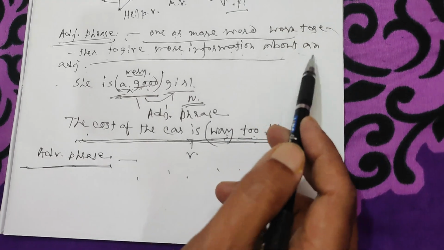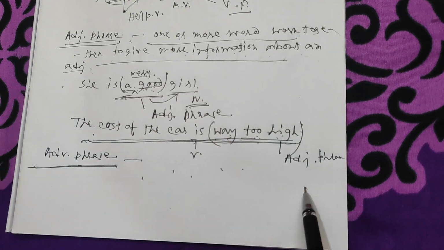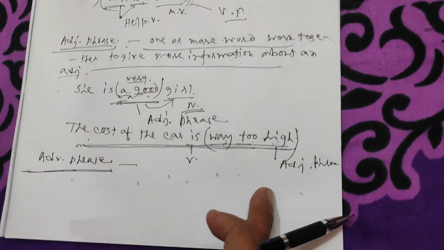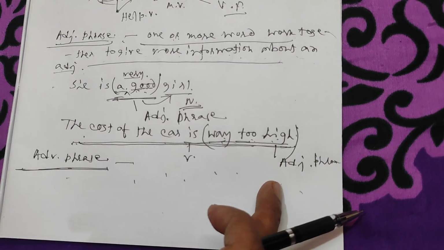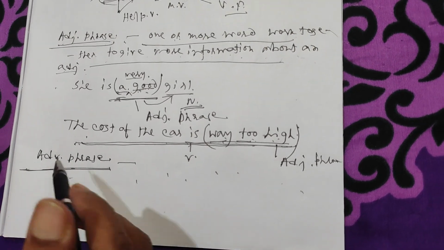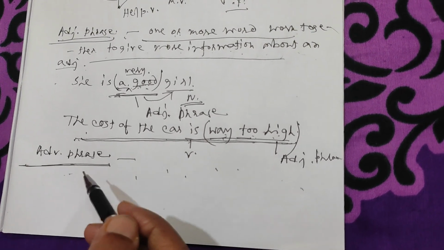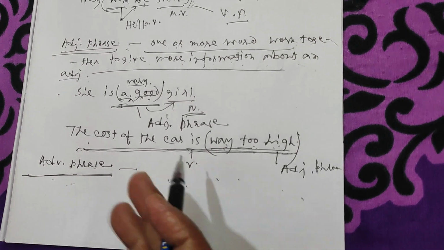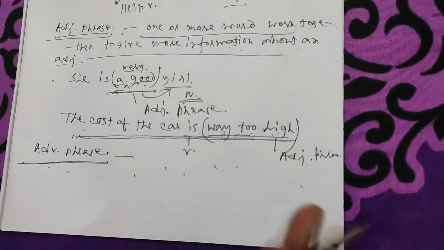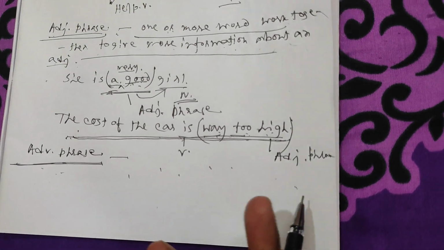Only in place of adjective here there will be an adverb. And the function of an adverb is to modify the verb. An adverb phrase also modifies a verb or another adverb in a sentence.